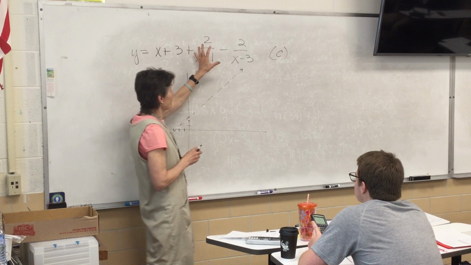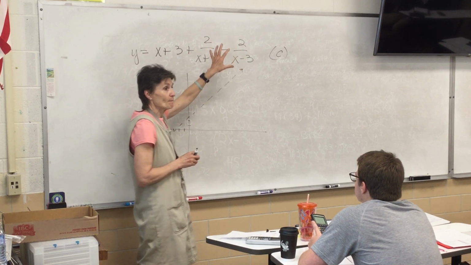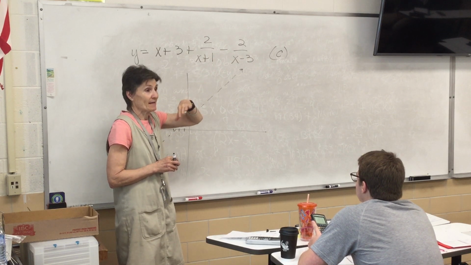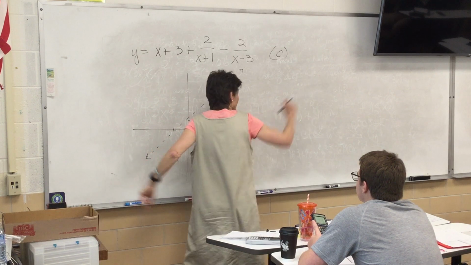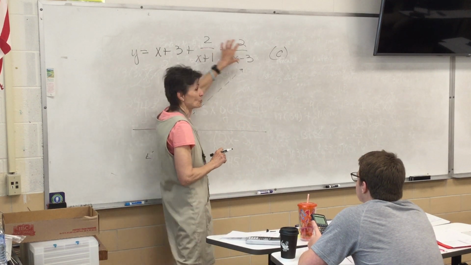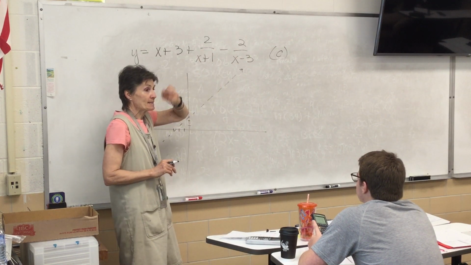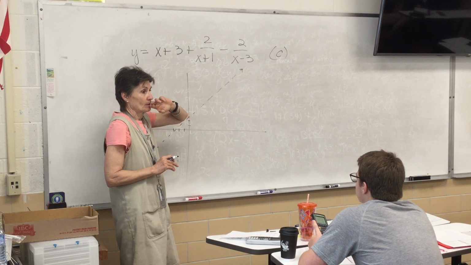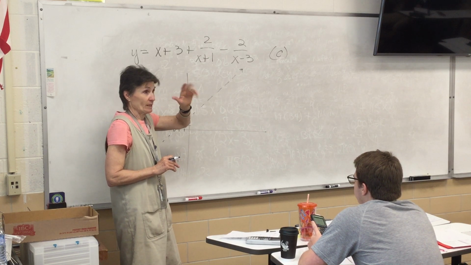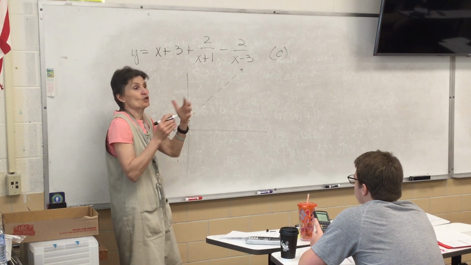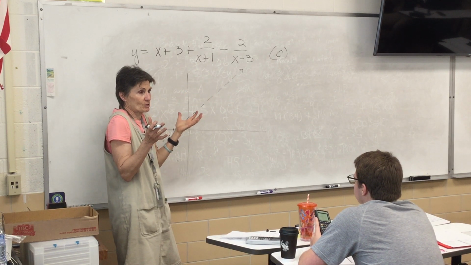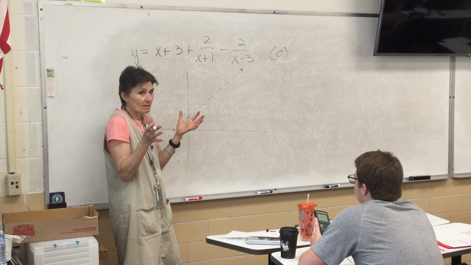Okay, so when I look at these fractions, as x gets really big, as we head out off the page, what happens to these two fractions? They get really small, right? And eventually, they become so small, they're almost zeros. Would you agree with that?